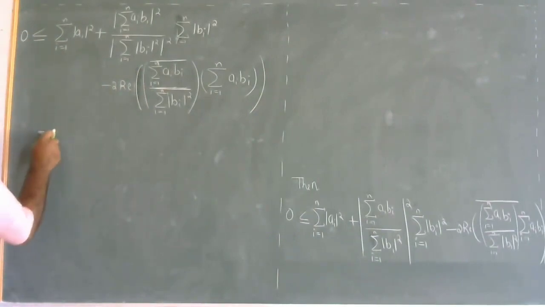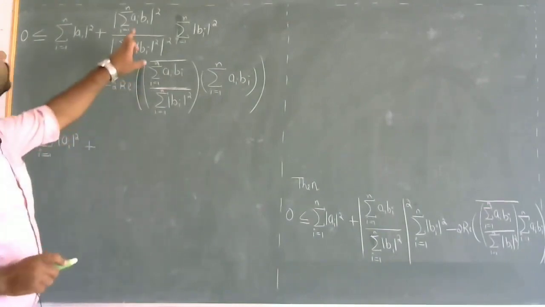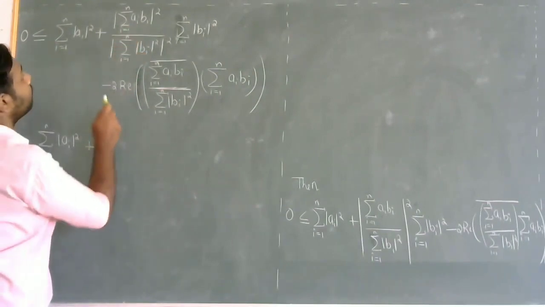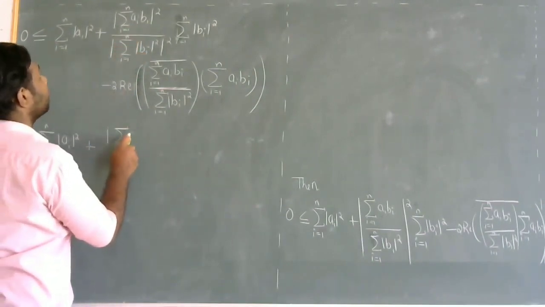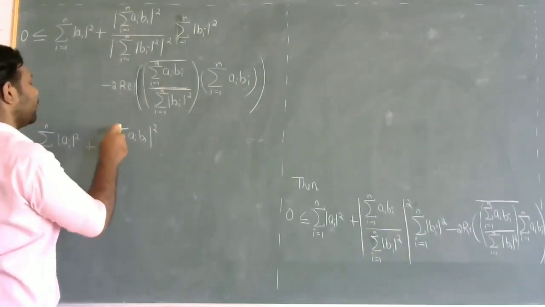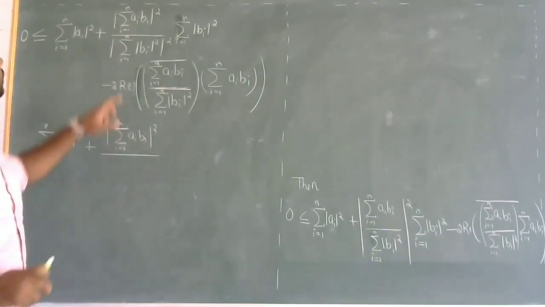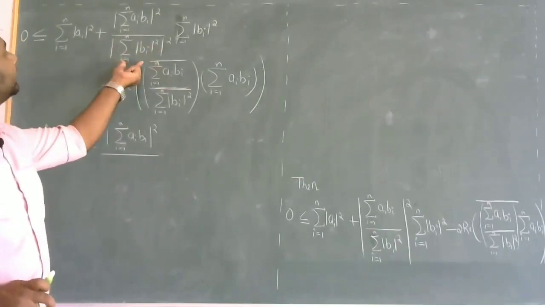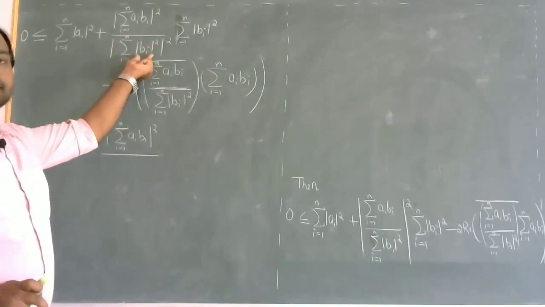Then once again, first term as it is, plus modulus of summation ai bi whole square, i running from 1 to n, divided by modulus of this number, where this number is non-negative.